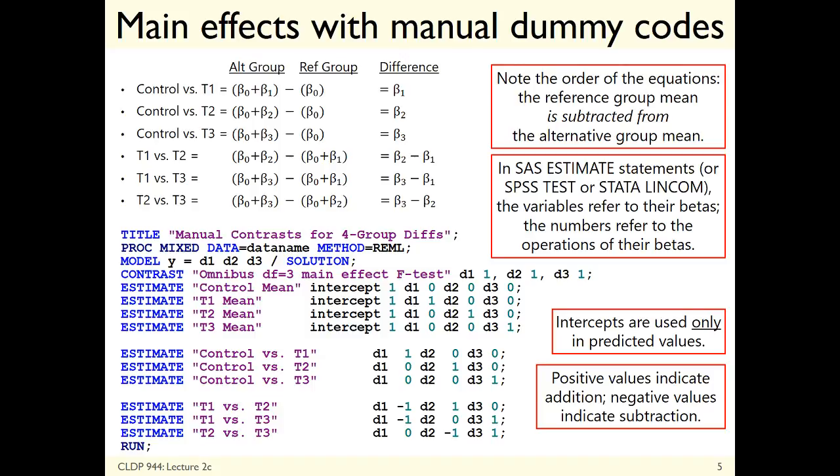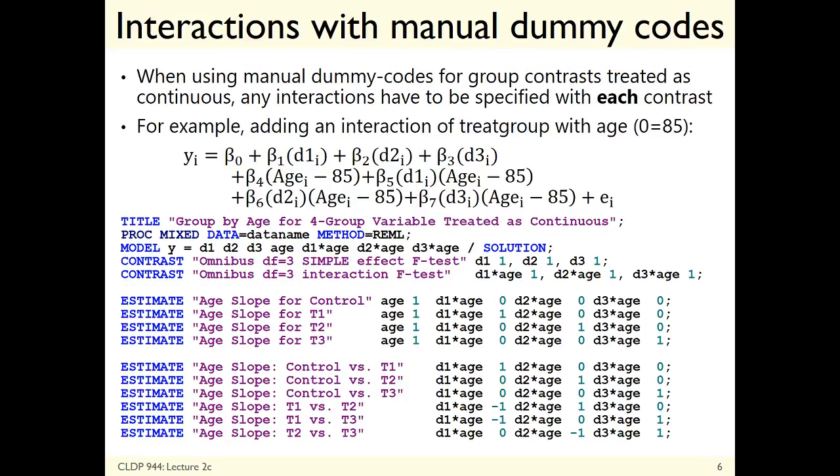All right, now, what if I have an interaction term? So let's say that I have group with age. I want to know if my treatment is equally effective for people of different ages. That's something I might want to know. So to ask that question, does age moderate treatment effects?